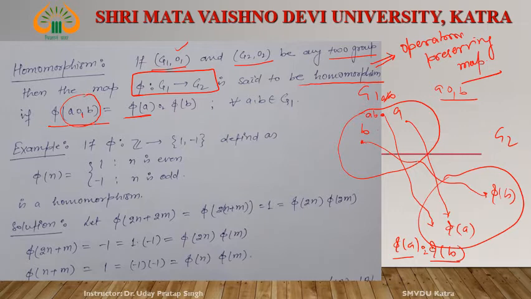Therefore, due to this property, a group homomorphism is also known as an operation preserving map. And this is true for all a, b belonging to G1.